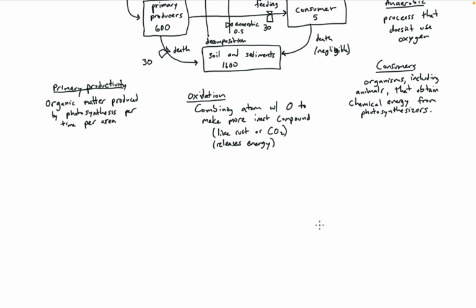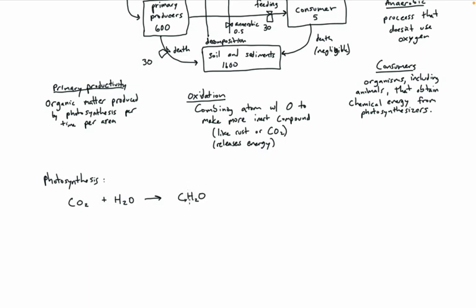Let's talk a little bit more about photosynthesis. So this is the main process involved in primary productivity. We take carbon dioxide plus water, or we don't, the primary producers do, and they produce, and I'll just use the simplest carbohydrate.